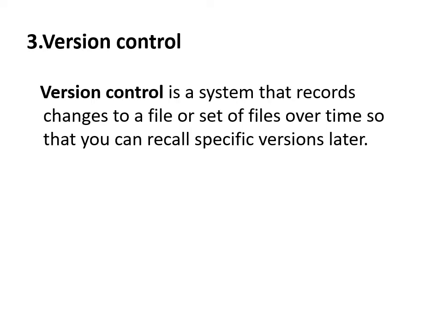If a mistake is made, developers can turn back the clock and compare earlier versions of the code to help them fix the mistake while minimizing disruptions to the other team members. That is why version control is required.